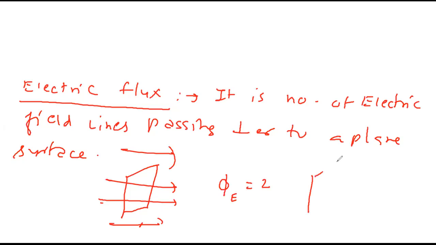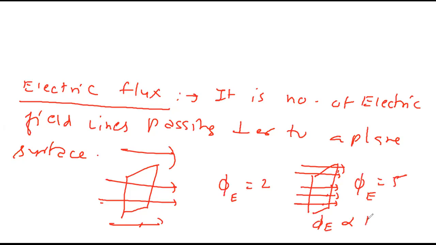If we increase the flux density, that means more lines come. Now what is the electric flux here? 1, 2, 3, 4, 5. That means it is directly proportional to intensity. More intensity, more lines. So flux is directly proportional to electric field intensity. Suppose I increase this area, what will happen?